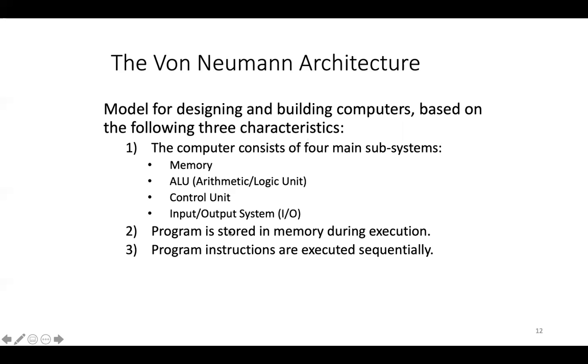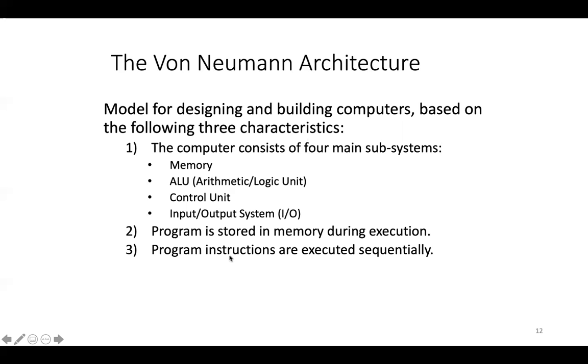The second thing is that program instructions need to be executed sequentially, not number-wise first, but there should be some order. If you are writing a program that adds two numbers, the output should be the addition of those numbers. So we need sequential execution, that is, control signals should be given by the computer's control unit in a sequential manner.